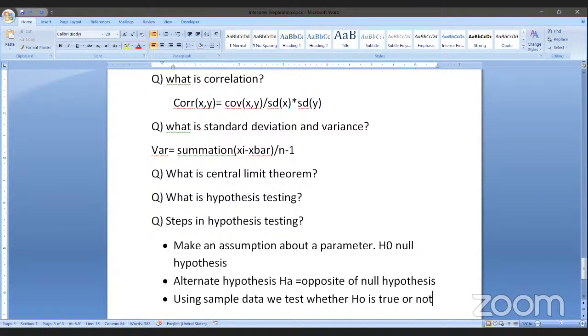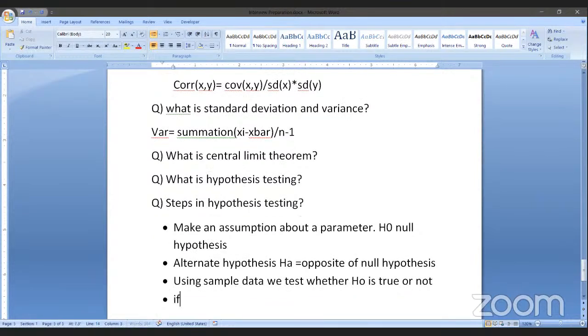So if H0 is false and it is rejected, then HA or the alternate hypothesis holds. If not, then H0 holds. So the different parameters on which we can test this is the mean, proportion, variance, standard deviation, median, all those things.